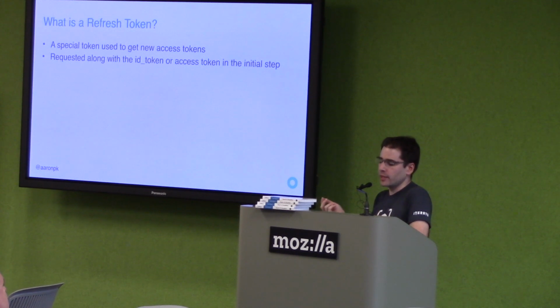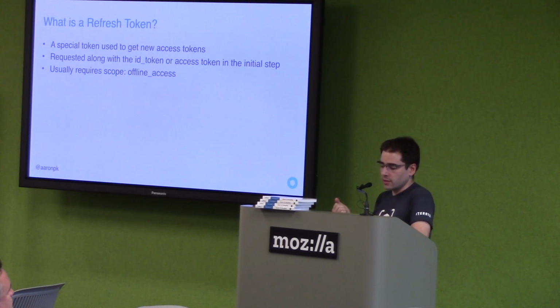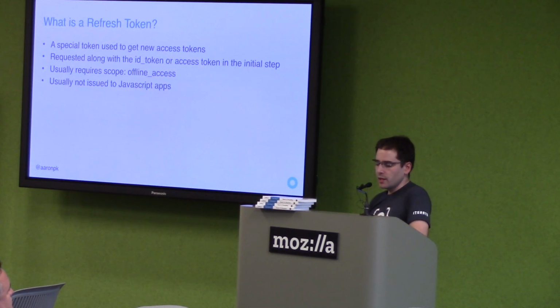Sometimes the service will make the application specifically request a refresh token by requiring a certain scope. It's not always the case. Sometimes servers just return it automatically. Usually servers don't issue them to JavaScript apps because of the higher security risk that those pose with the implicit flow or just in general.